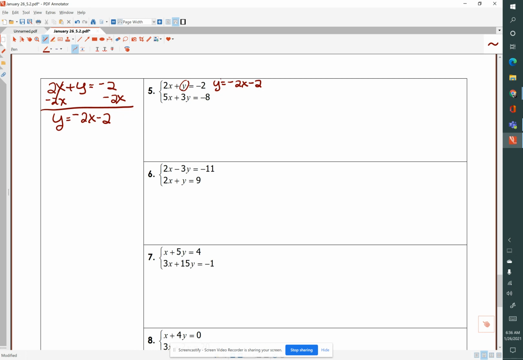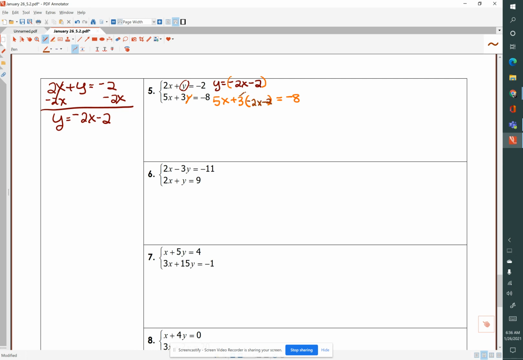Now that I've solved for y, I can go ahead and use this quantity and substitute it for y in the second equation. So I will have 5x plus 3, and I'll leave room for my substitution, equals negative 8. So this will be negative 2x minus 2.